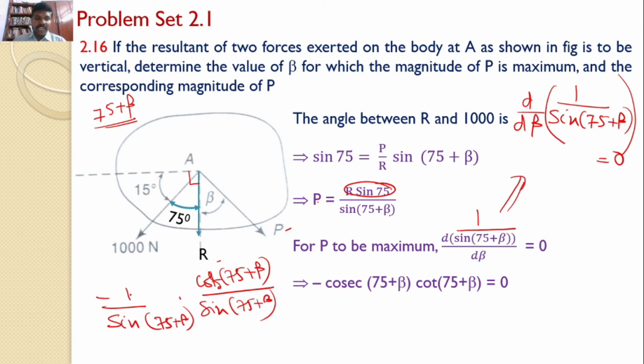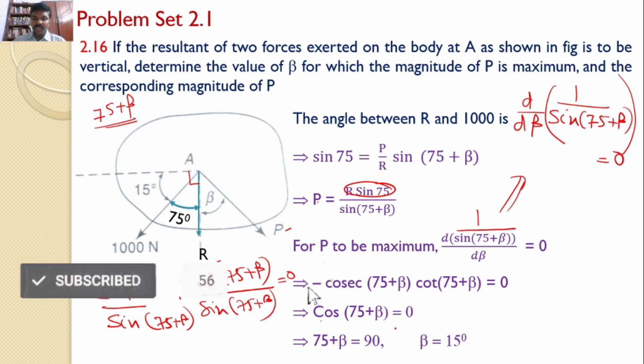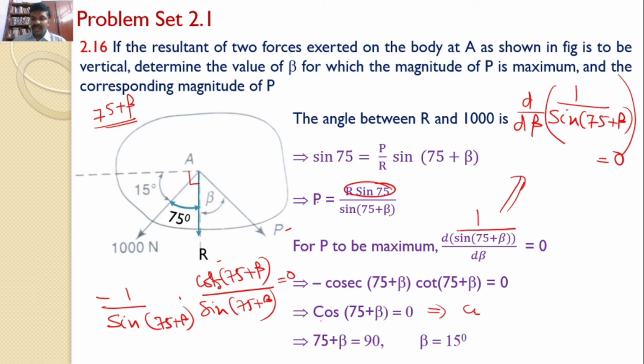So in the numerator I have minus cos (75 plus beta), and in the denominator I have sin square (75 plus beta). The numerator must be equal to 0. That means cos (75 plus beta) must be equal to 0, or cos (75 plus beta) is equal to cos 90, or 75 plus beta is equal to 90 and beta is equal to 15 degrees. That means if beta is equal to 15 degrees, the P value will be maximum.